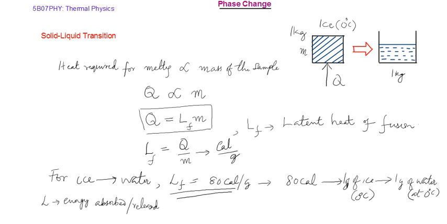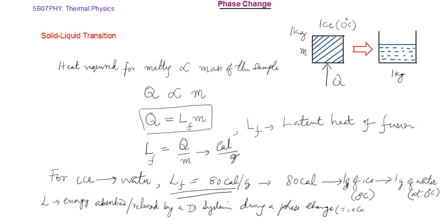So latent heat is the energy absorbed or released by a system, or by a thermodynamic system, during a phase change. That is a good textbook definition. And phase change is an isothermal process, that is T equal to a constant.